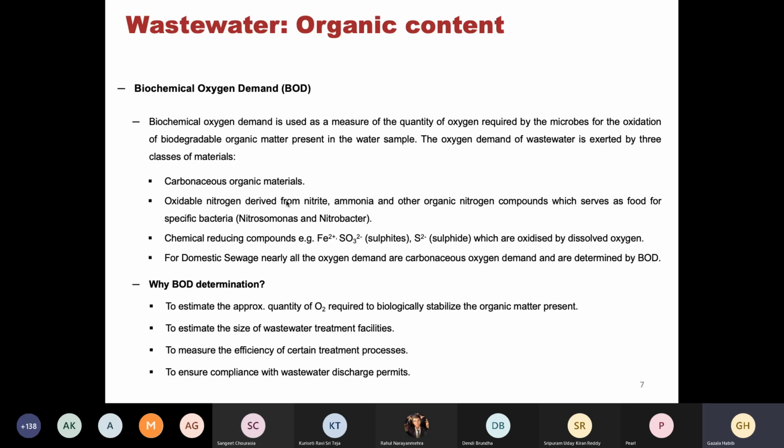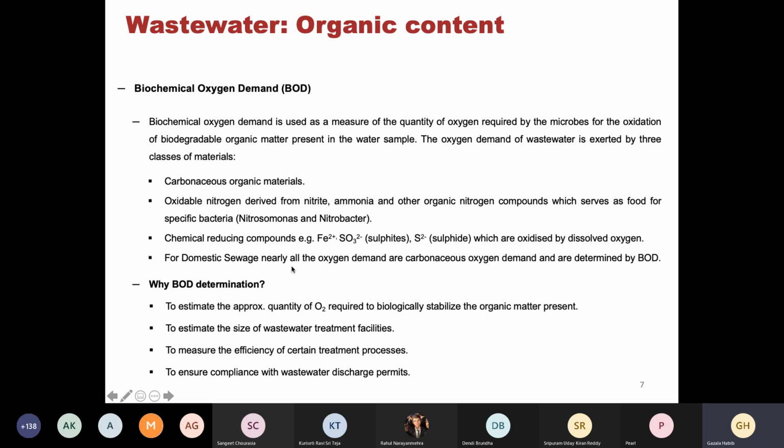If the oxygen is used for conversion of this organic nitrogen or ammonia or nitrate into other compounds, that is also a biochemical oxygen demand. Then chemical reducing compounds like Fe2+, SO3 2-, sulfide, which are oxidized by dissolved oxygen.